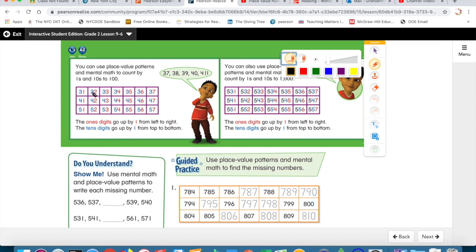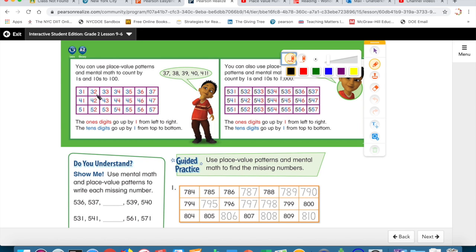The same thing here, the number 32, the 2 is in the ones place, so its value is 2 ones, and the 3 is 3 tens or the number 30. And so this is why when we're reading, we say 31, 32, 33, 34, and so on.